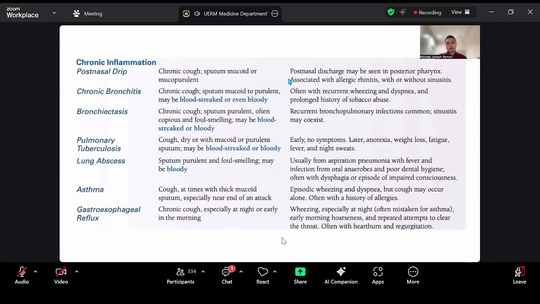Additional symptoms could include morning hoarseness, throat clearing, or evening and morning coughing. Often, these patients have a history of heartburn or regurgitation, which strengthens the possibility of a GERD-induced cough. But then again, the majority of patients with gastroesophageal reflux do not present with any cough at all.